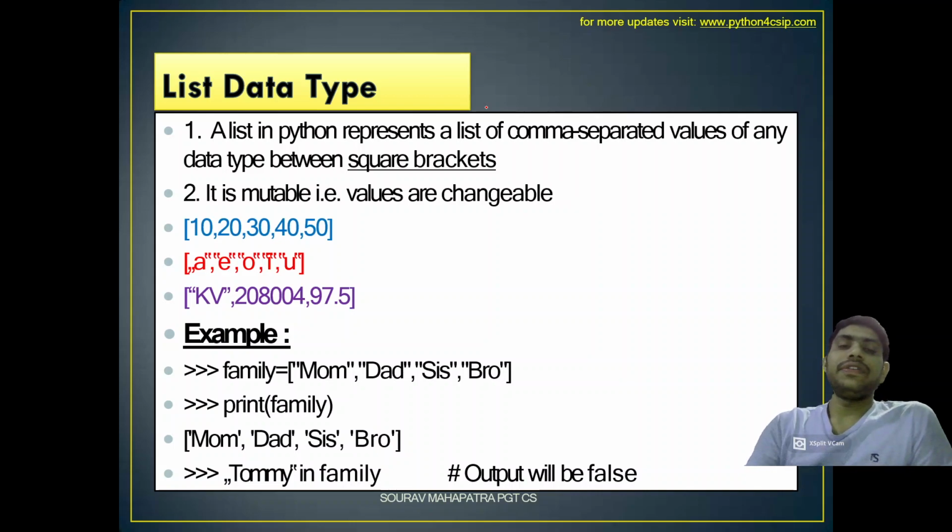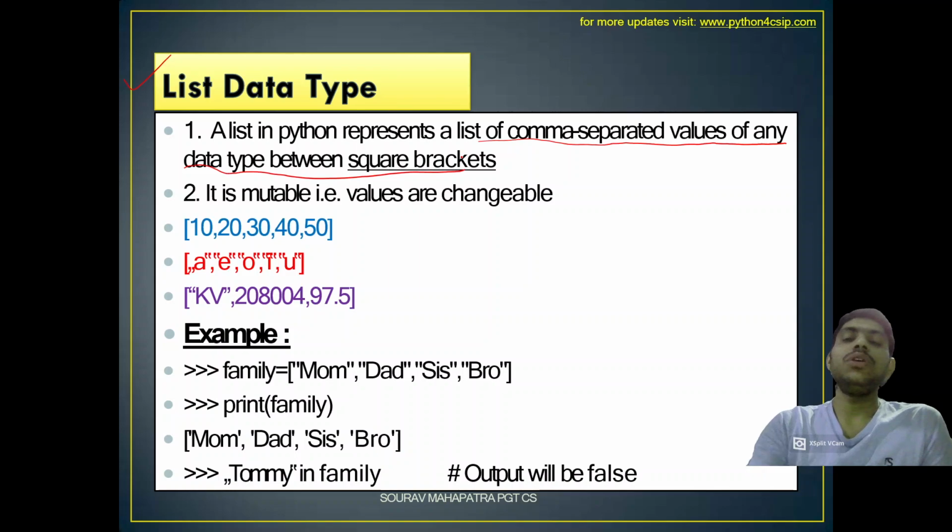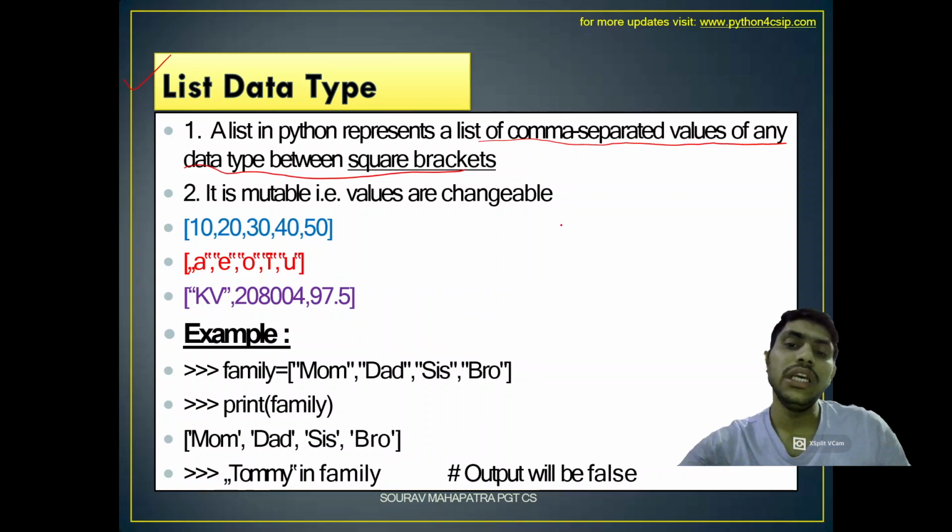List data type. A list in Python represents a list of comma separated values of any data type between square brackets. Whatever you see in between the square brackets, and it should be comma separated, okay, then you can treat it as a list data type.